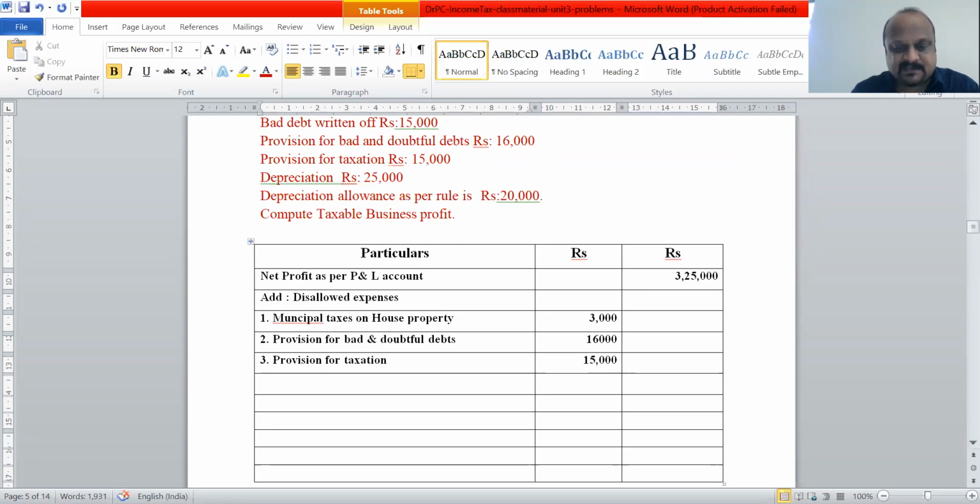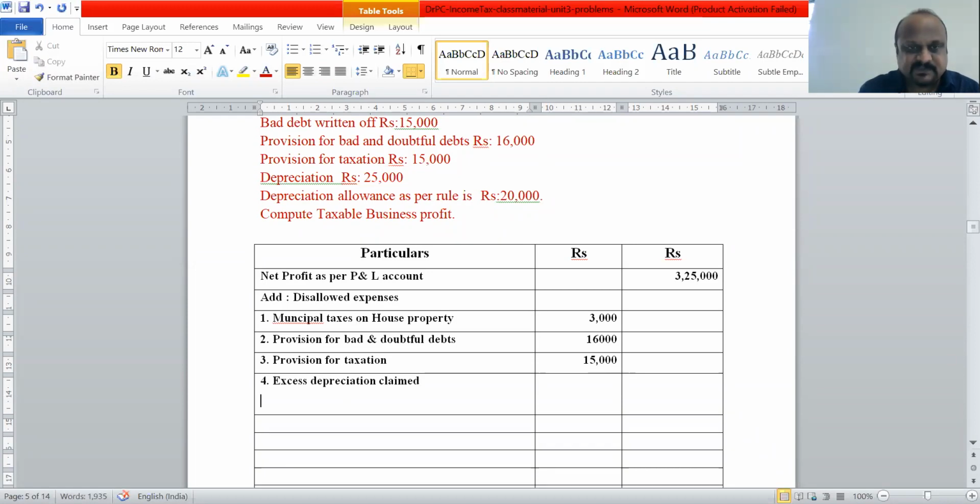So I'm going to add back excess depreciation claimed. How much is the excess depreciation claimed? He claimed 25,000, but the Income Tax Act says only 20,000 is permitted. So the difference of 5,000 is excess, and that should be added back to the profits.